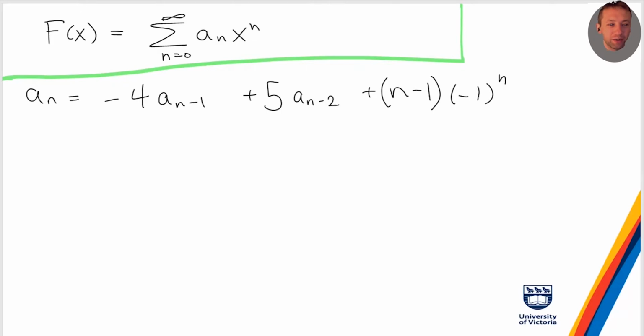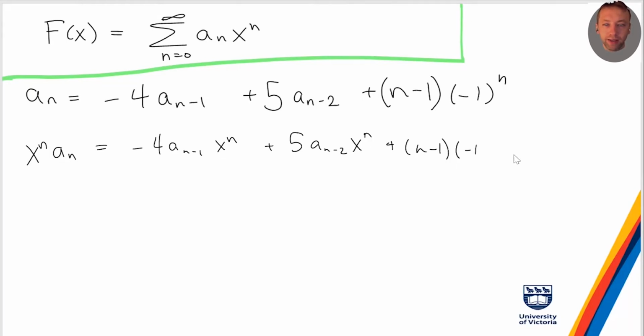Right, so I'm going to multiply everything by x to the n: x to the n an equals negative 4 an minus 1 x to the n plus 5 an minus 2 x to the n plus n minus 1 negative 1 to the n x to the n. That's perhaps skipping a step.